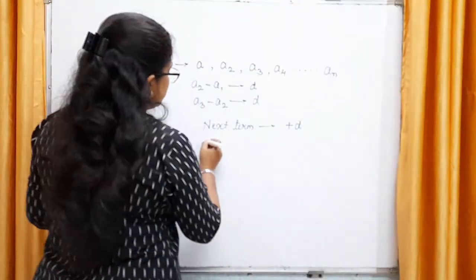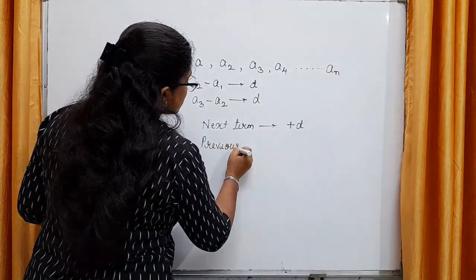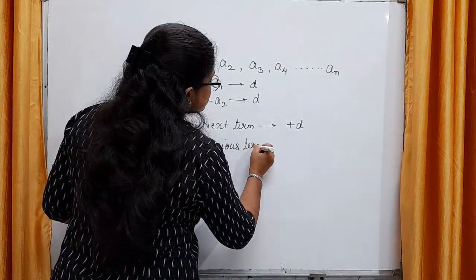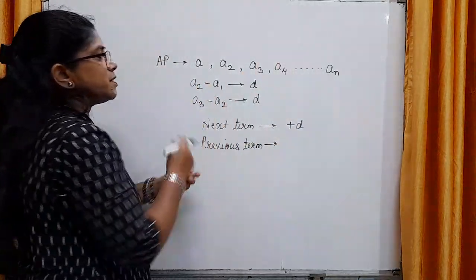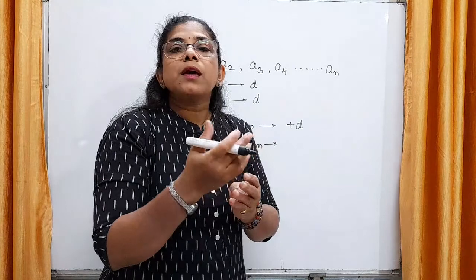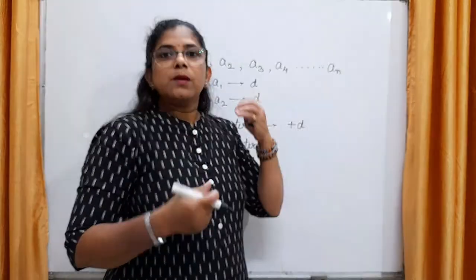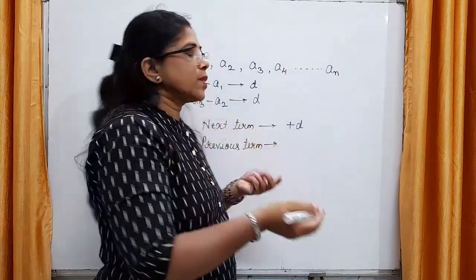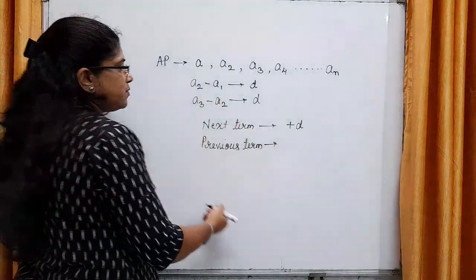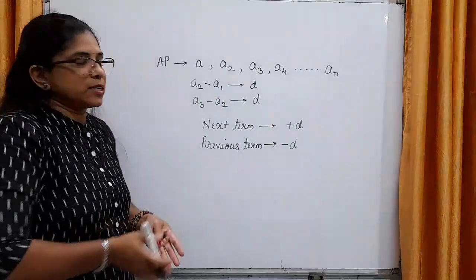And if you want to find the previous term, suppose 5 is a term of the AP and 2 is the common difference. What is the previous term? 5 minus 2, 3. So whenever you have to find the previous term, you have to subtract it.